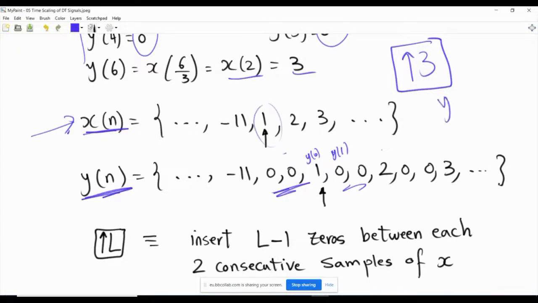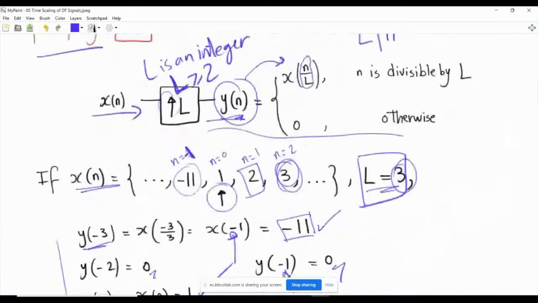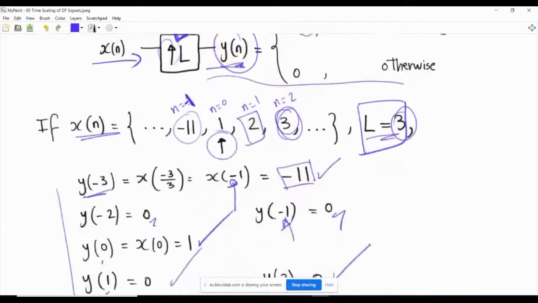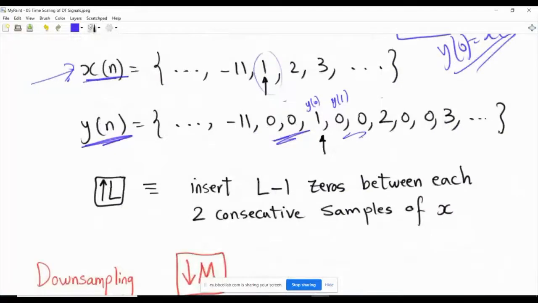And this expression just tells you to go to the sequence that you have and insert L minus 1 zeros between each 2 successive samples from signal x.